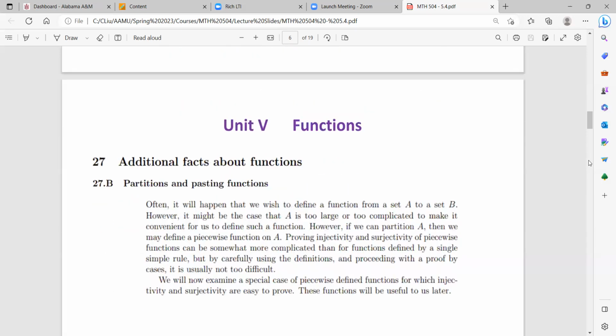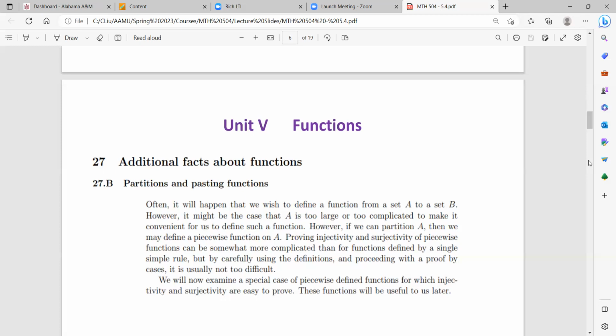Okay, so that's the first topic. The next topic is about partitions and pasting functions. In some cases, if you have a function from a set A to set B where the domain A is very large or complicated to write as one single formula for the definition, then you can split the domain A into multiple parts and define a function from each part to the codomain.